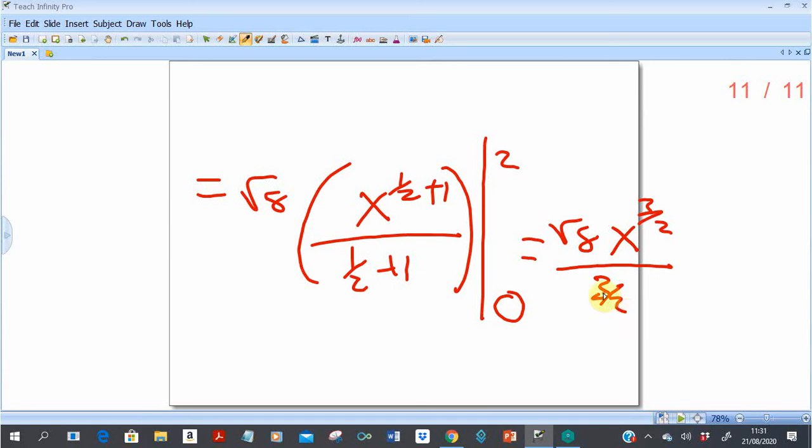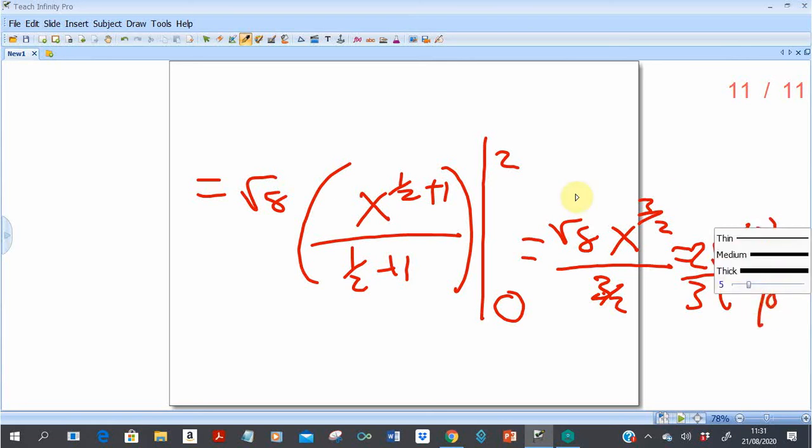Remember, this is divided by 3 over 2, so we can change them and have the 2 there. Root of 8 over 3, x to the power 3 over 2, from 0 to 2. So we have a 2 there.